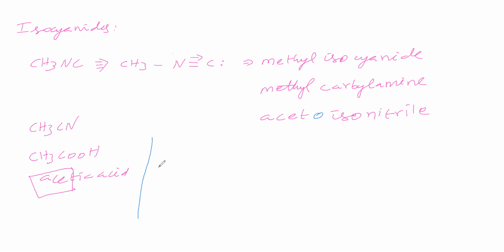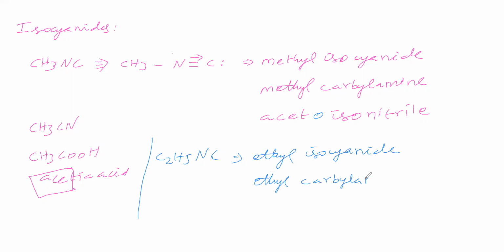Okay, we'll take another compound, C2H5NC. Now C2H5 is called ethyl. NC is called isocyanide, and another name is carbylamine.